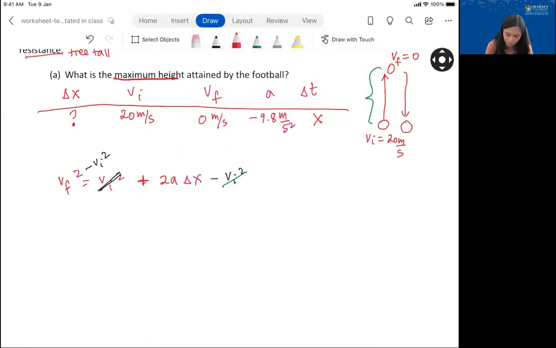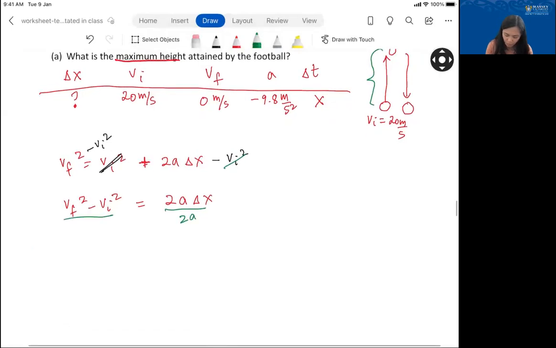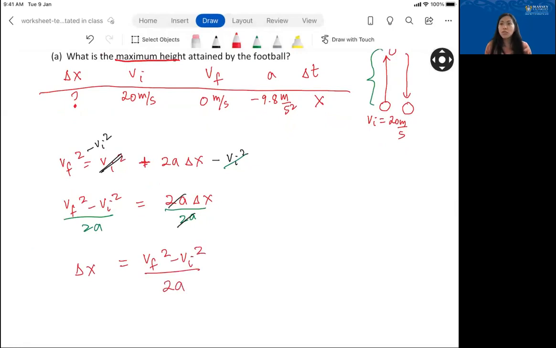You have VF squared minus VI squared on the left is equal to 2A delta x. Then we divide both sides by 2A. That gets rid of 2A on the right side. So we have delta x. Let me just flip this equation: delta x equals VF squared minus VI squared divided by 2A.